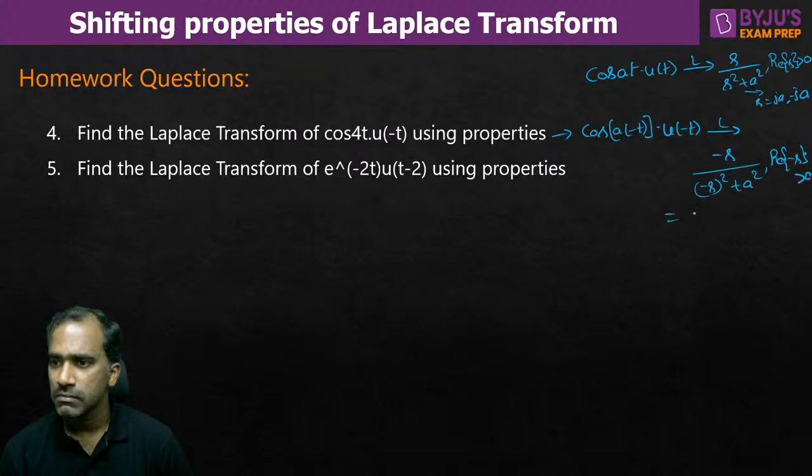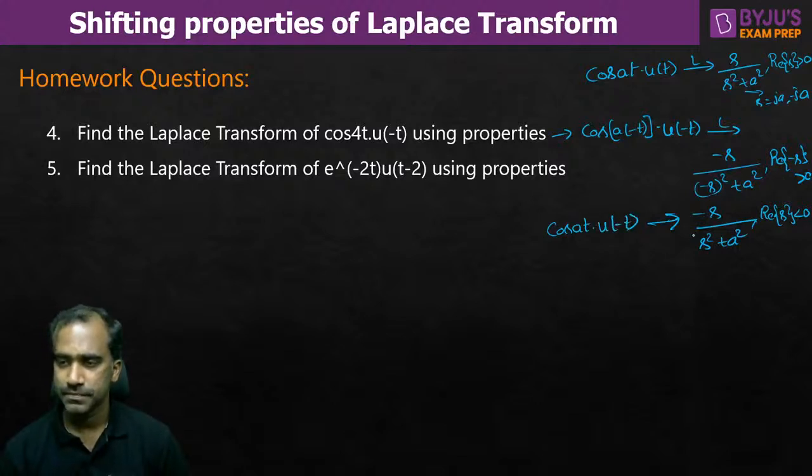Now it becomes minus s by s square plus a square. The ROC becomes real part of s less than 0 because of this minus sign. So finally, the Laplace transform of cos at into u of minus t is like this. The poles are also the same, s equal to plus ja and minus ja.